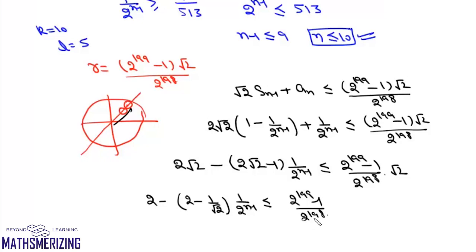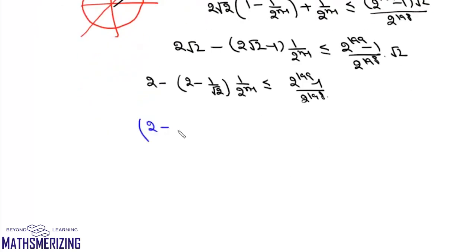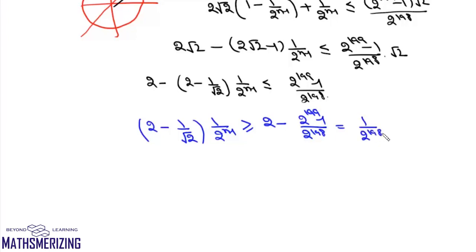Now we'll rearrange it a bit. We can write 2 minus 1 upon root 2 into 1 upon 2 to the power of n minus 1 will be greater than or equal to 2 minus 2 to the power of 199 minus 1 upon 2 to the power of 198. Now 2 to the power 199 will cancel. So it will be simply 1 upon 2 to the power of 198.